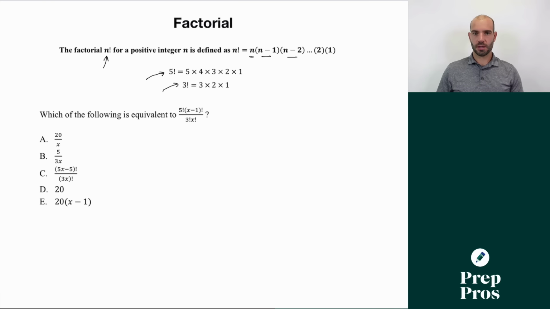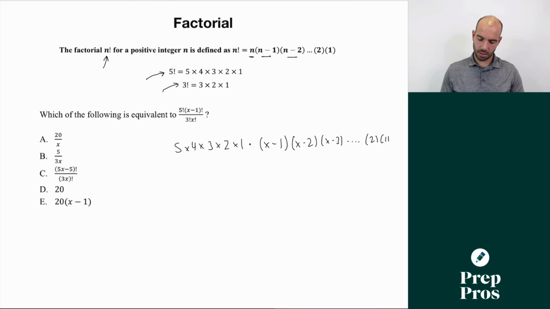So, knowing this will be helpful for both some easy questions on the ACT or a more advanced one like the one we see below. Which of the following is equivalent to 5 factorial over x minus 1 factorial, divided by 3 factorial times x factorial? Well, let's write this out. So 5 factorial is the same as 5 times 4 times 3 times 2 times 1, and x minus 1 factorial is the same as x minus 1, and we subtract 1 each time, times x minus 2 times x minus 3, all the way down to 2 times 1.